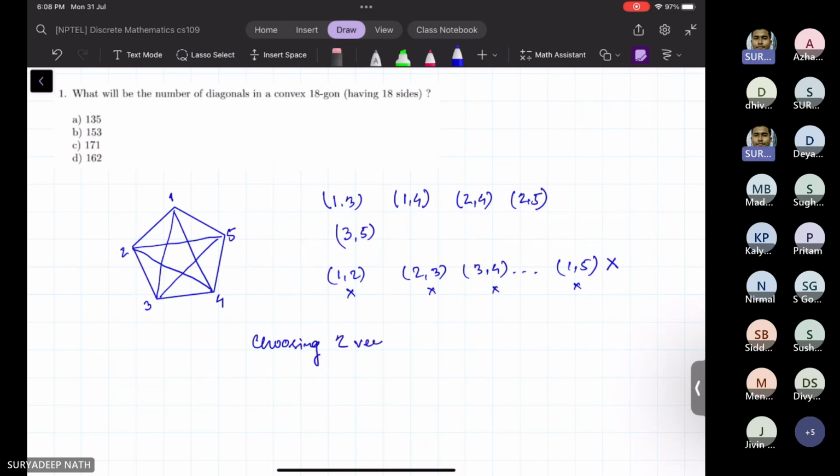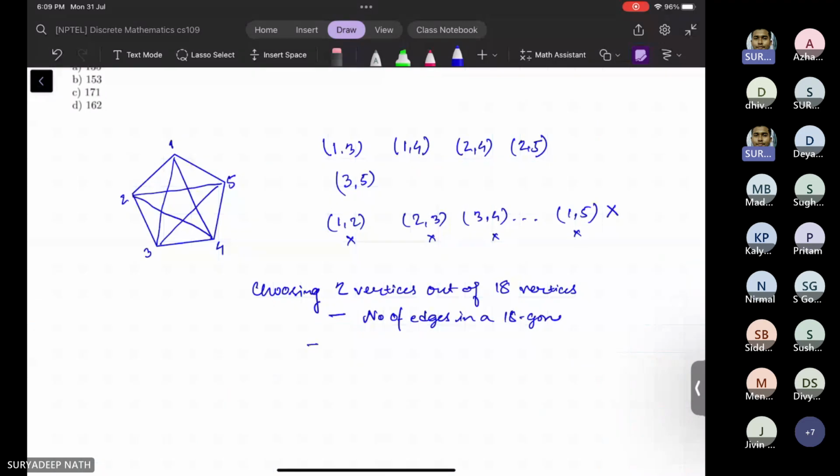So the problem basically comes down to choosing two vertices out of 18 vertices and subtracting the number of edges in an 18-gon. Choosing two vertices out of 18 is 18 choose 2, minus 18.